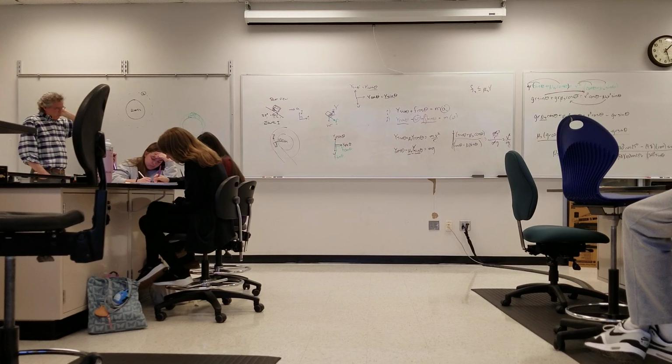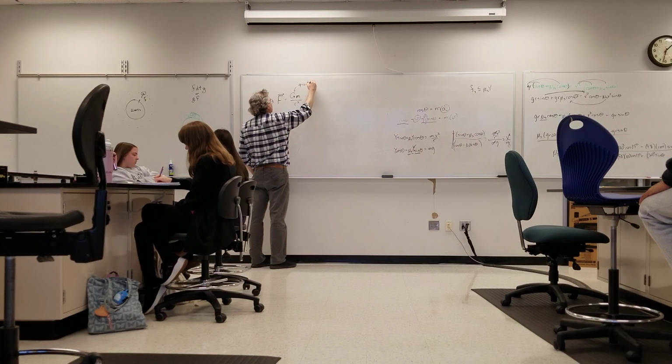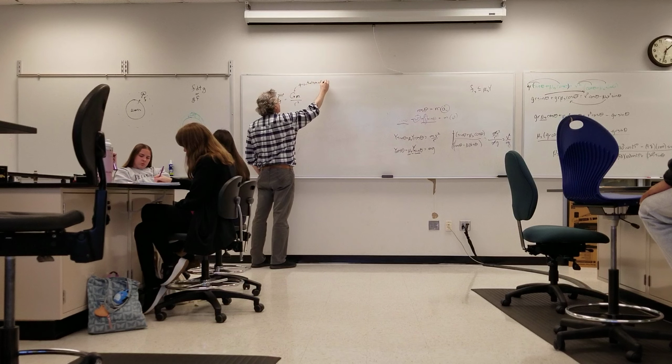G. Which G? Little g or big G? It is big G. That is known as the gravitational constant. The third thing that students will call gravity. Gravitational constant.